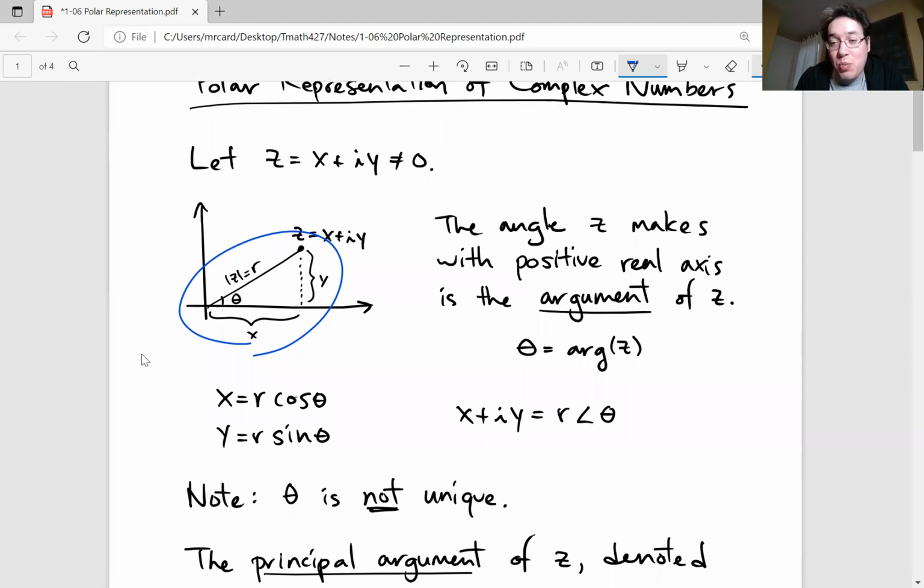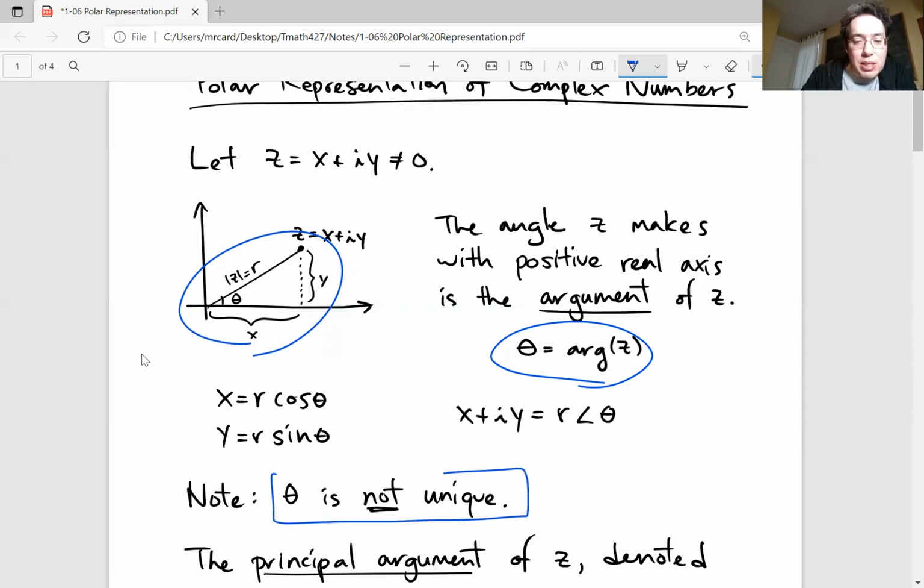Okay, and we're going to denote that the angle that this complex number z makes with the positive real axis, arg of z, lowercase a here. And it's important to note that this angle is not unique.